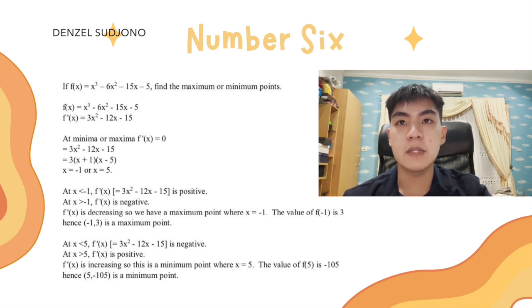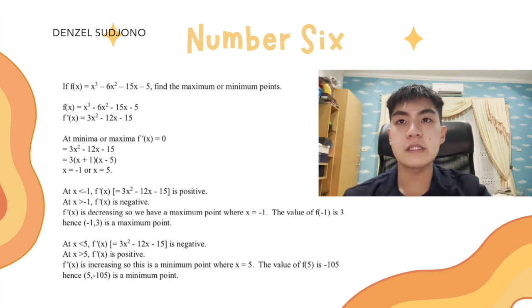At minima or maxima, the first derivative is equal to 0. So 3x to the power of 2 minus 12x minus 15 also means 3 times (x plus 1) times (x minus 5). So the solution to this equation is either x equals -1 or x equals 5.